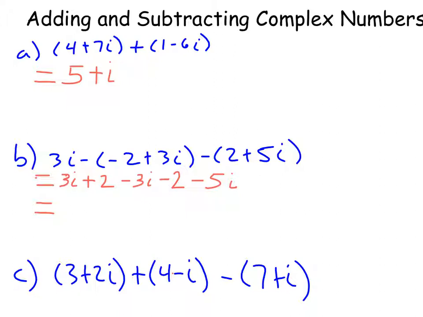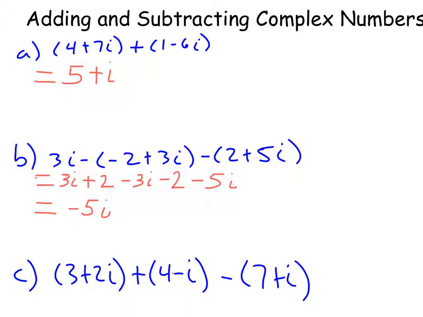So here when I do that, again, now I'm looking at the i's and I see that 3i minus 3i cancels. And I'm left with this minus 5i. And the real numbers, they cancel too. 2 minus 2 is 0. So there actually is what we just call an imaginary number.